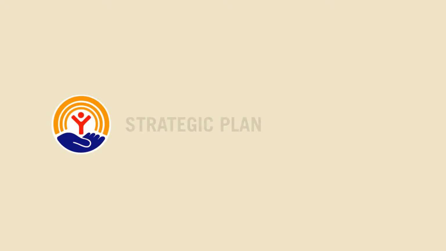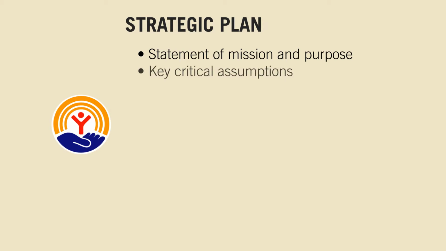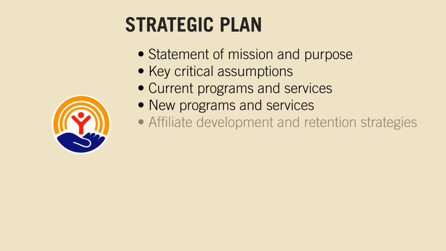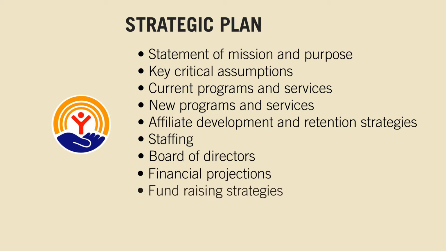Some critical elements of a strategic plan include statement of mission and purpose, key critical assumptions, current programs and services, new programs and services, affiliate development and retention strategies, staffing, both current and projected, Board of Directors, the size, the makeup, to ensure that it reflects current community demographics and an appropriate skill set that will help the mission of the organization. Financial projections, fundraising strategies, and public relations.